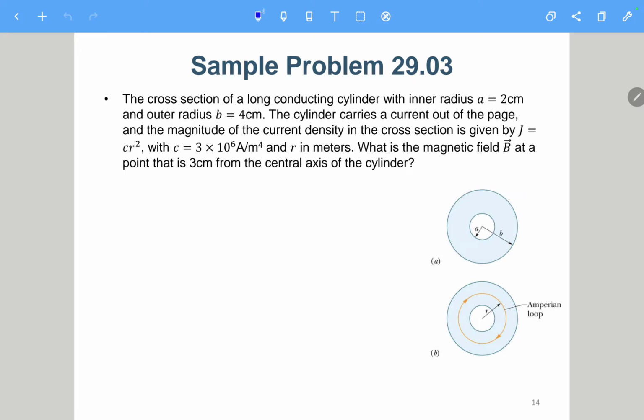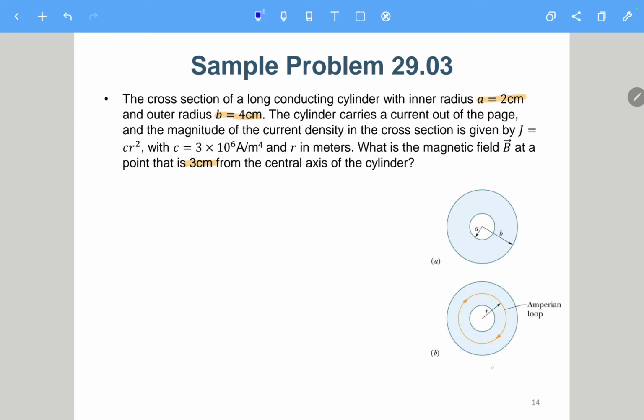Let's see. Here it asks for the point that is 3 centimeters from the central axis, and the inner radius is 2 centimeters. The outer radius is 4 centimeters.